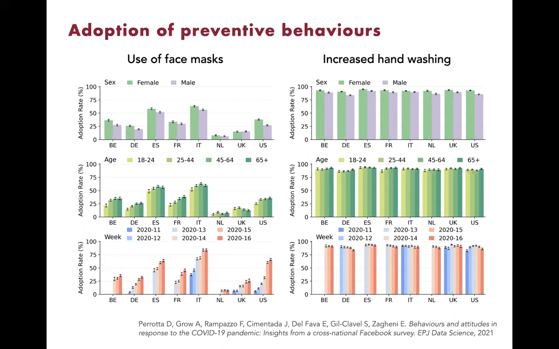On the other hand, if we look at the increased hand hygiene, we observe high levels of uptake, which remain fairly constant over time with no significant differences across age groups, but higher for women. So again, with this gender-specific pattern that we observed in the adoption of preventive behaviors, as well as in the threat perception we've seen before, this can be particularly relevant, as we know that the case fatality rate for COVID-19 is substantially higher for men than for women.